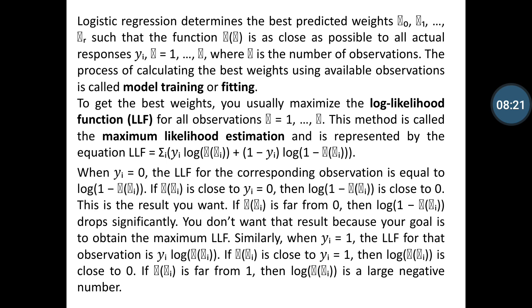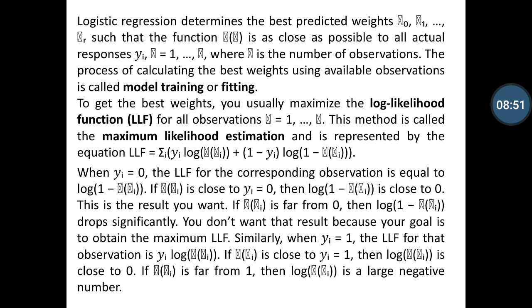Logistic regression determines the best predicted weights b0, b1 up to br such that the function p(x) is as close as possible to all actual responses yi, for i equal to 1 up to n, where n is the number of observations.